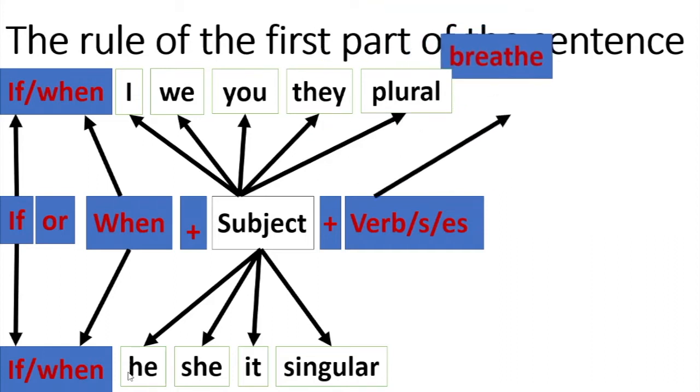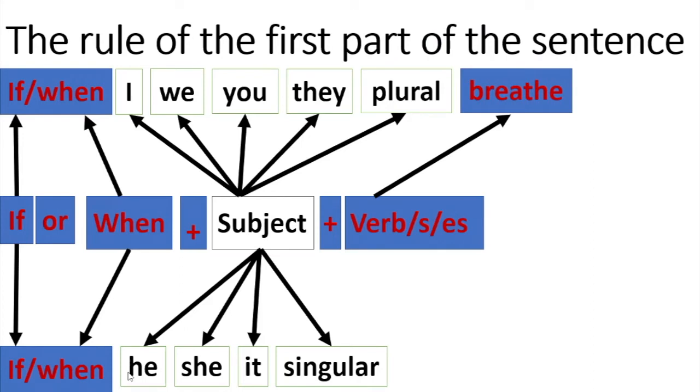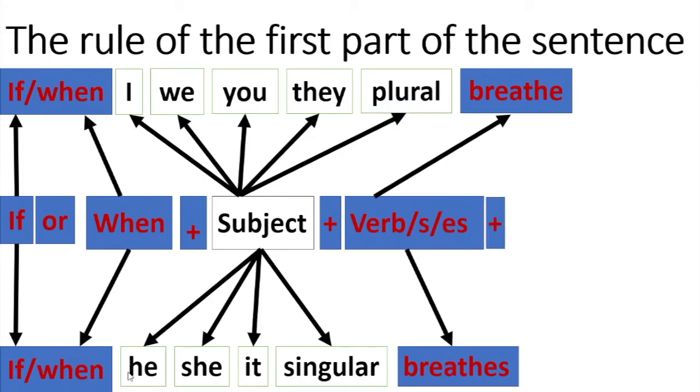Then, yes, if or when I, we, you, they, brave, yes, bravest. The first one is the base form, brave, and the second one is bravest. Okay, brave and bravest. So this is the first part of the sentence.